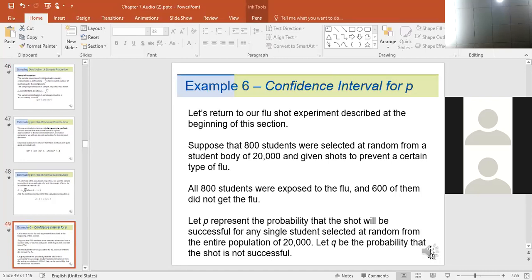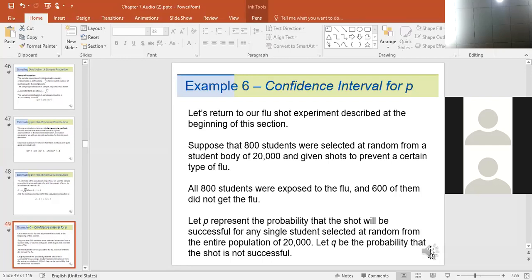Here we want to test the reliability of a flu vaccine. So what is the actual proportion of individuals that will be immune by taking the vaccine? 20,000 students is the population, and out of this population we are going to randomly select 800 of them. They were exposed to the flu and 600 did not get the flu.